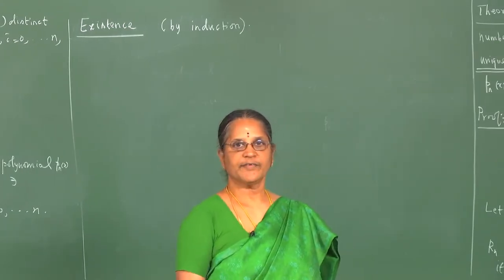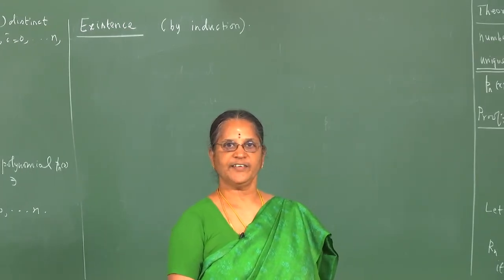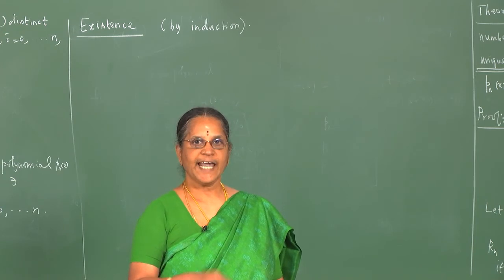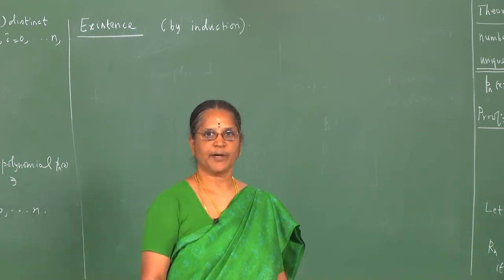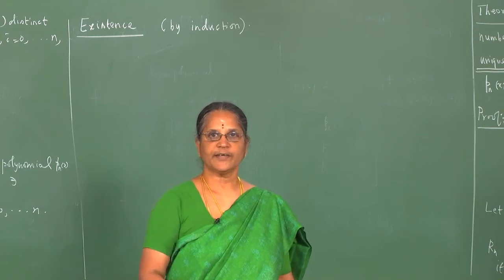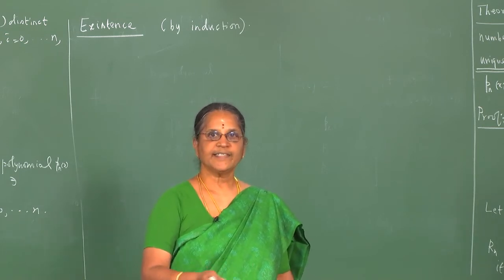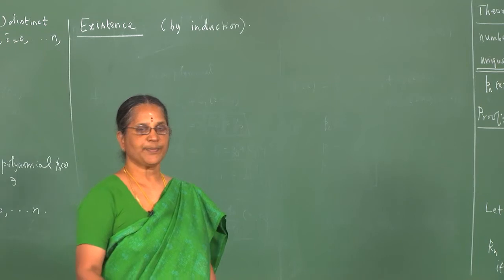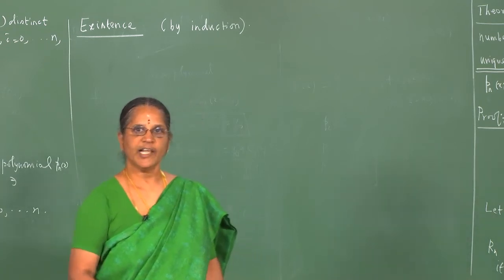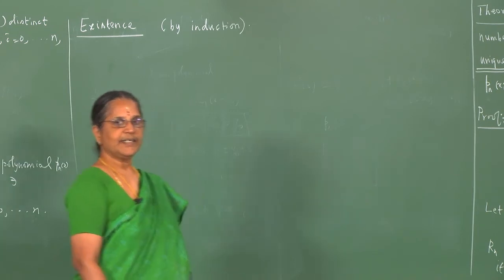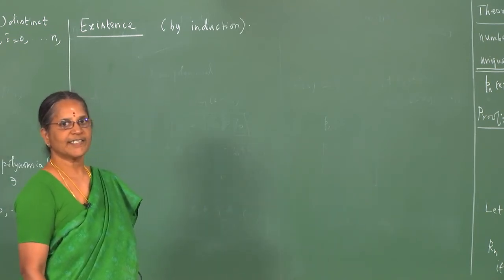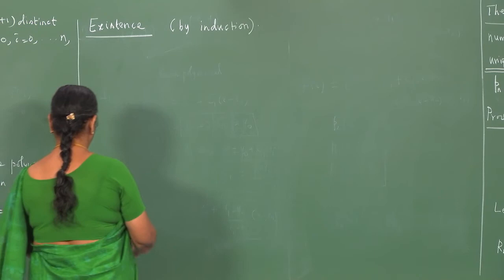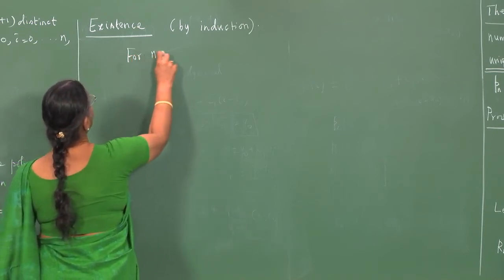We first show that there exists a polynomial of degree 0, and if we have a polynomial of degree k that satisfies the given property, then we show that there exists a polynomial of degree k plus 1 satisfying the property, and hence by induction the result is true for all n, and the proof is complete, and thereby we would have shown the existence of such a polynomial that interpolates the function. So, let us start with n equal to 0.